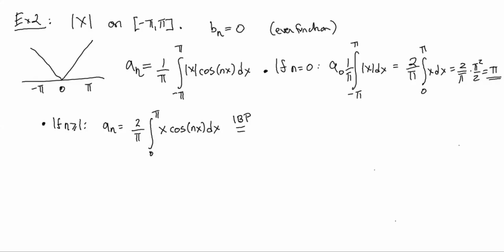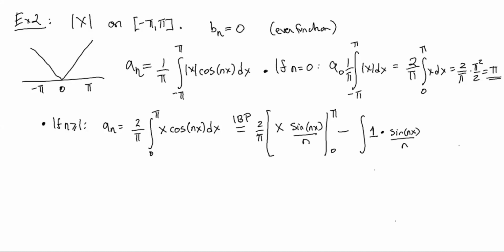Well, you do this times the integral of the second one, so you get sine nx over n. You have some limits. So you have 2 over pi times that, minus the integral of 1 times sine nx over n dx from 0 to pi.